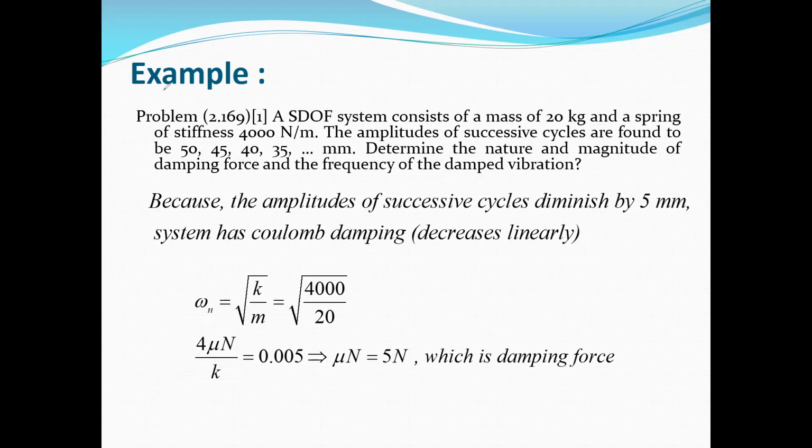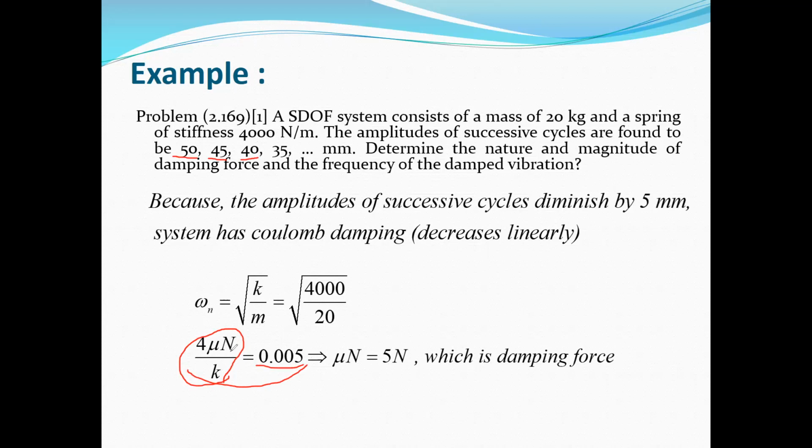The value of mu times N is 5, because from this equation we know that the amplitude decreases in each complete cycle by 4 times mu times N divided by k, and this is the decrement in each cycle. From the given data, we can see that the amplitude is decreased by 5 millimeters in each cycle, from 50 to 45, from 45 to 40. So this term must be equal to 5 millimeters, or we should convert it into meters.